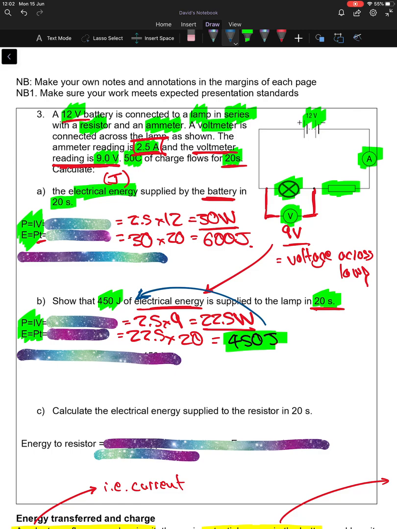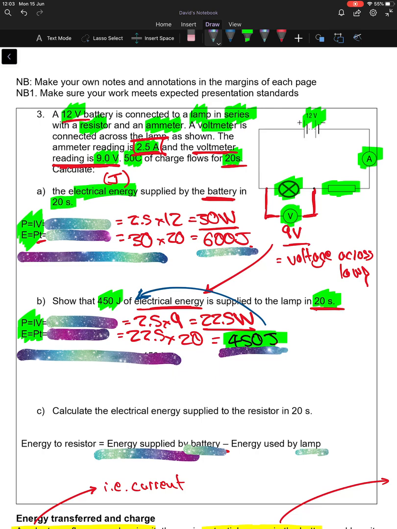And then calculate the electrical energy supplied to the resistor in 20 seconds. Okay, energy to the resistor. So if you think about it a little bit like this: what's the starting energy supplied by the battery? Got that already. It's up here. 600 joules. What's the energy used by the lamp? We've just done that.